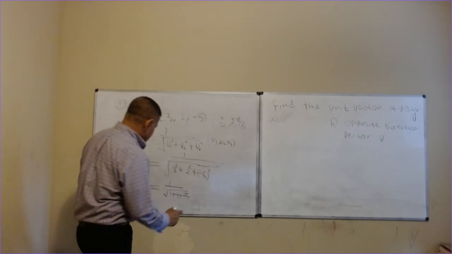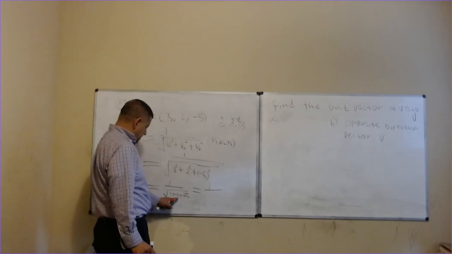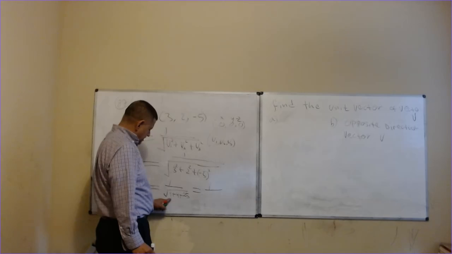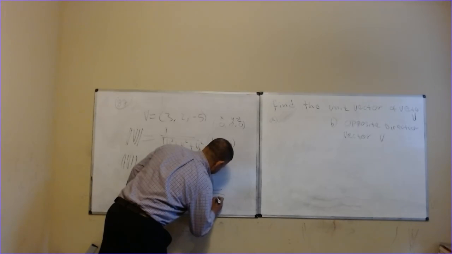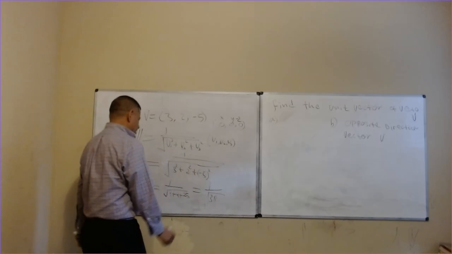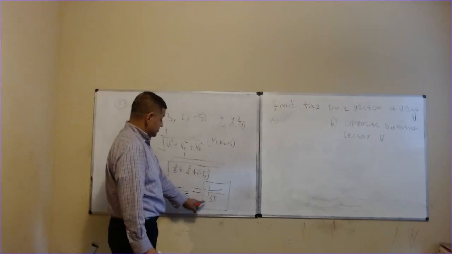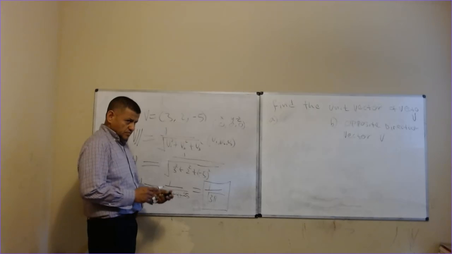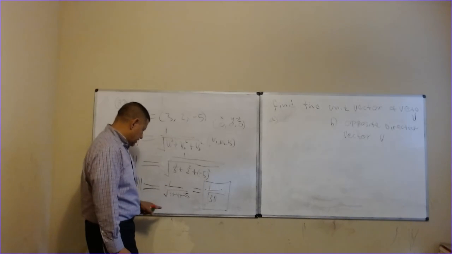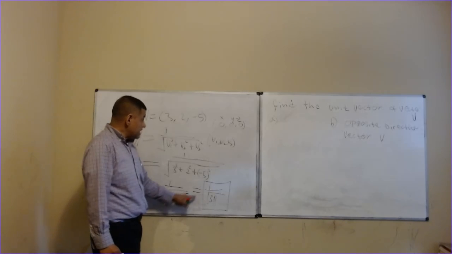So in this case, this will be 13. 13 plus 25 will be 38. That's what I think it is, right? 38, right? So now this is the magnitude. Now I need to put this in front of this, right?